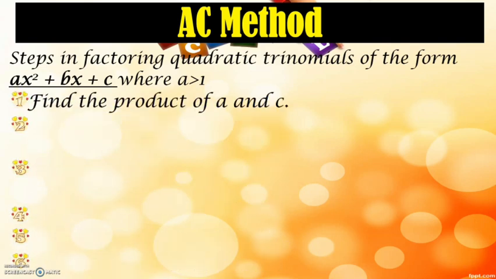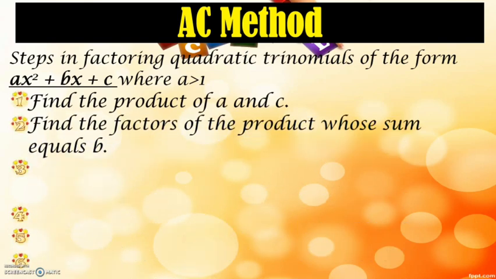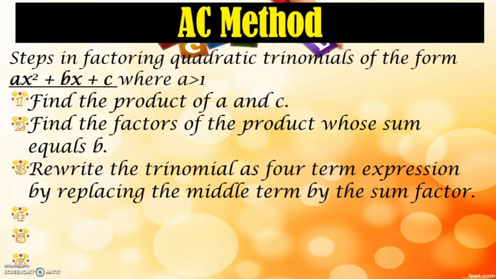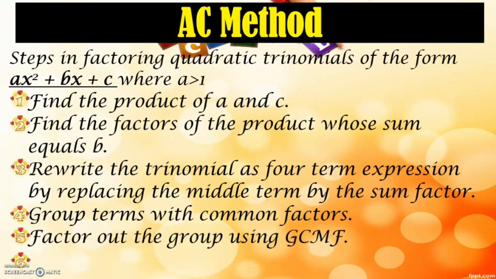Number 1, find the product of a and c. Number 2, find the factors of the product whose sum is equal to b. Number 3, rewrite the trinomial as a 4-term expression by replacing the middle term by the sum of the factors. Number 4, group terms with common factors.